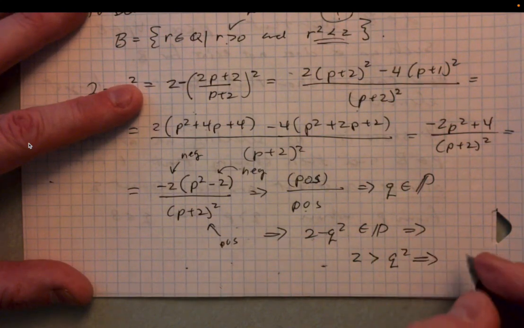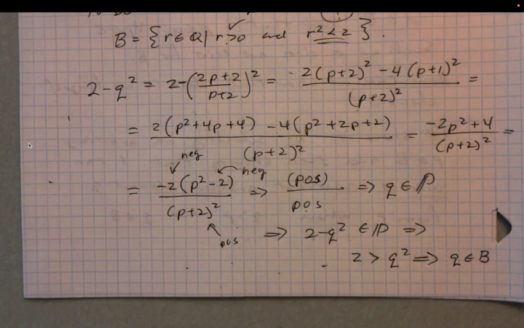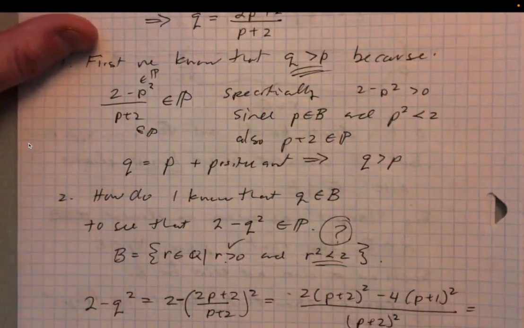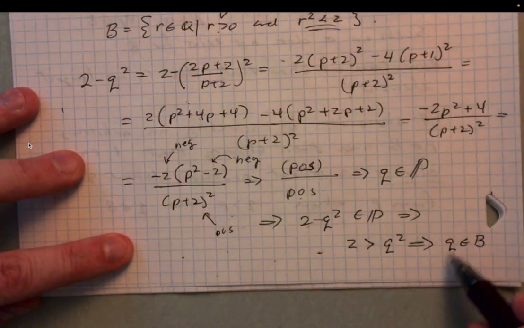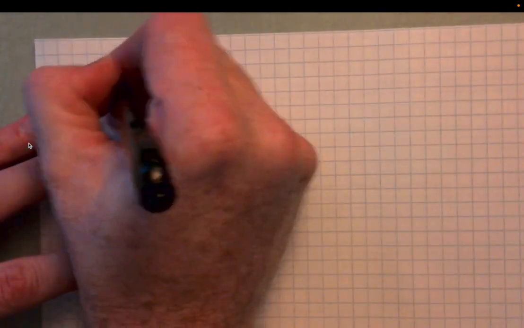And so that implies that Q is in B. Remember, up here we showed that Q is less than P. You give me a P, I can find a Q that's bigger. What we've shown now is that not only is Q bigger than P, but Q is also an element of B. So that's exactly what we needed to show.